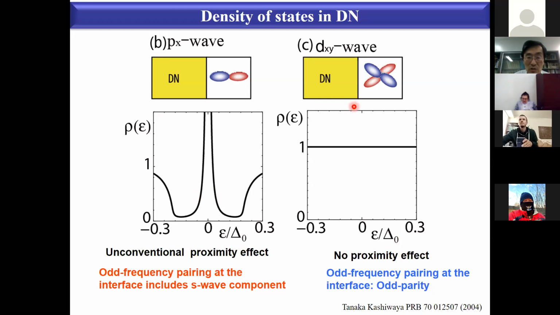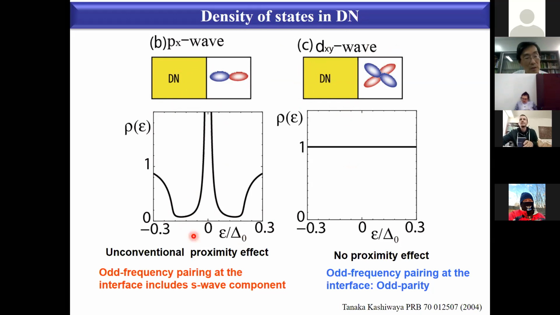In the spin singlet D-wave case, the proximity effect is unfortunately absent in the diffusive normal metal. On the other hand, in the P-wave case, there is a very dramatic proximity effect: we have clarified that the local density of states has a zero energy sharp peak.